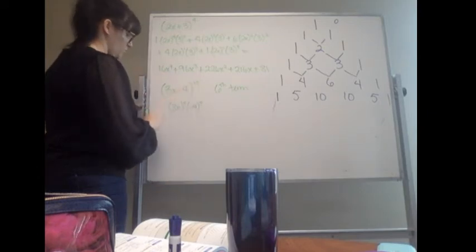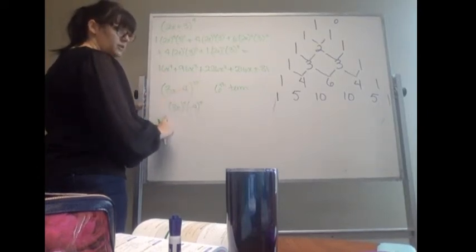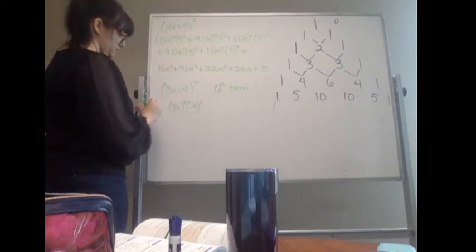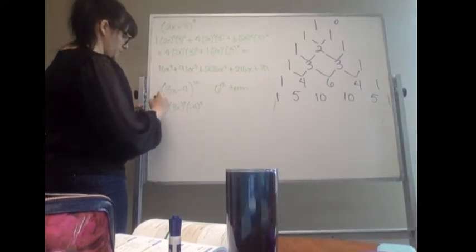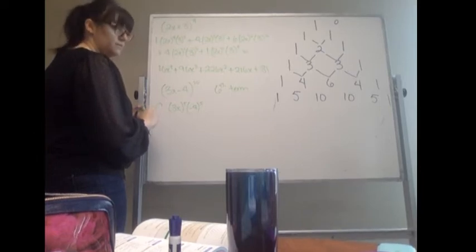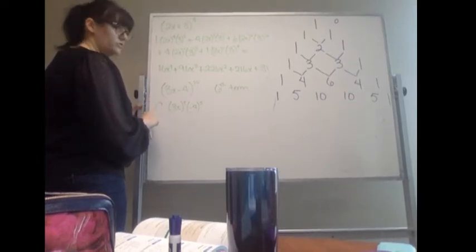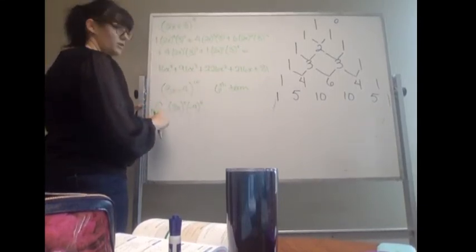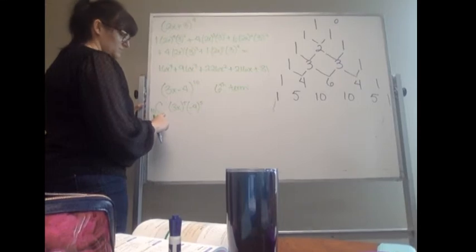Right. And then to find my coefficient, the combination formula, how do I set that up? I've got my big C here, right? What two numbers go here? It would be the total number of exponents. So what goes first, 5 or 10? And what goes right here? The number of exponents in the y spot.